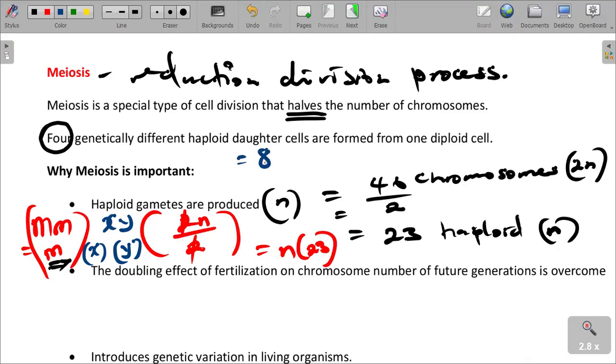To give the last examples: we have got 8 chromosomes before meiosis, and after meiosis it is going to give us 4.